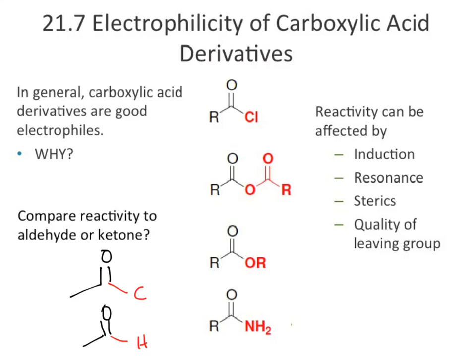Hydrogen. Why does the chemistry for the acid group change so drastically from the ketone and aldehyde? You don't have the electronegativity differences. So we have a difference in electronegativity, which makes that carbon less electrophilic in the case of our ketone and aldehyde, but there's another more important issue.